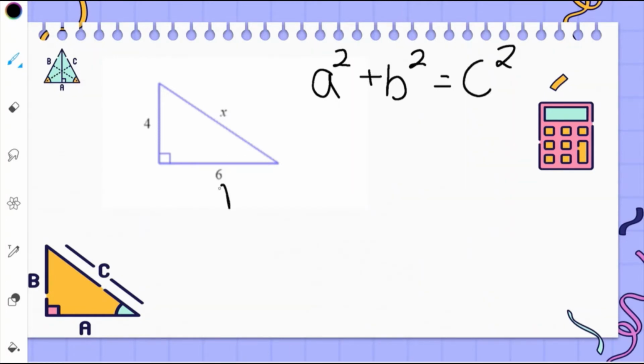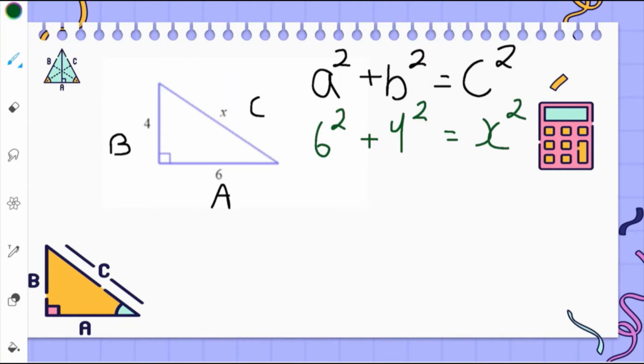So this will be considered as A, and this as B, and this is C. Now we're going to replace the letters by the numbers. So it's going to be 6 squared plus 4 squared equal x squared.